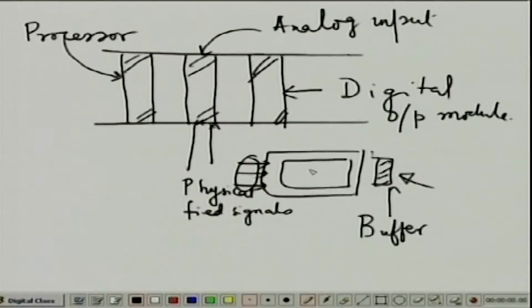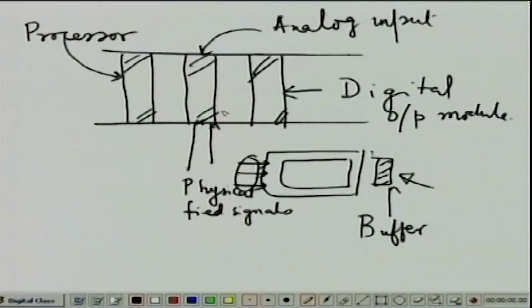These IO cards often work under the control of the processor, or they may work independently, cyclically by themselves.